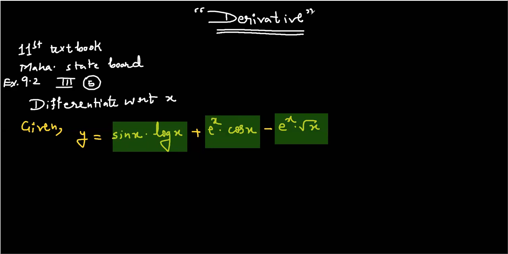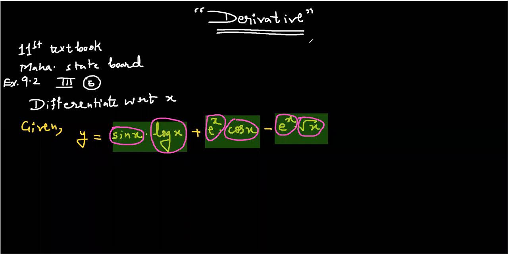Moreover, what you notice is that in each of these three terms you have a product of two functions. Sin of x is one function multiplied to log of x, another function of x. E raised to x is multiplied to cos of x. E raised to x is multiplied to square root of x. So in each term you have a product function.